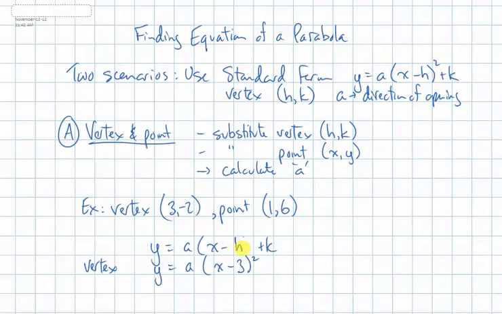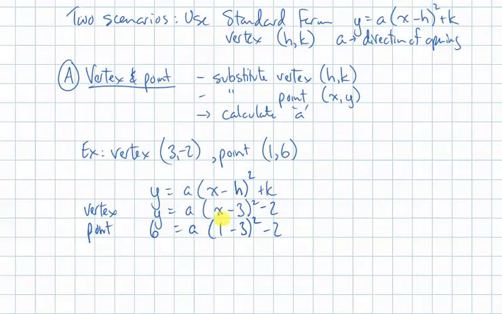Let me fix that. There we go. Minus 2. Now I put my point in for x and y. So the y value is 6, x value is 1, and you'll see that at this point, the only thing left to figure out is the value of a.